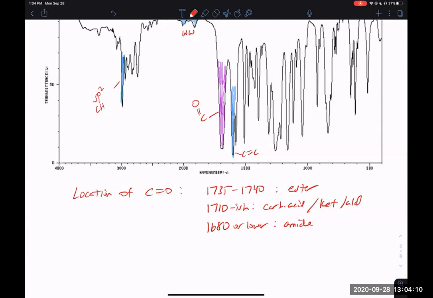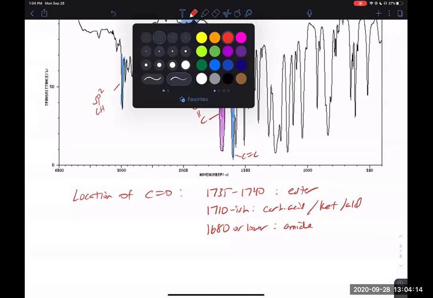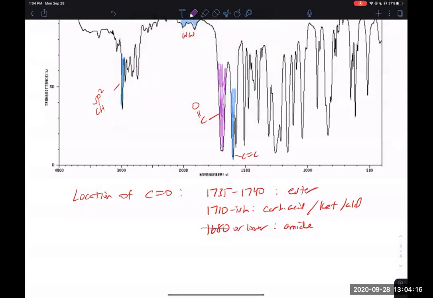Now, I know it's not an amide because I don't have any nitrogens in my compound, right? So I can safely say I'm not going to consider an amide. That would be unwise since I have no nitrogen. In terms of its position, let's draw a line straight down from it. It is, at best, 1700.